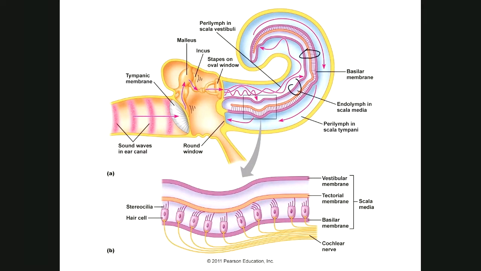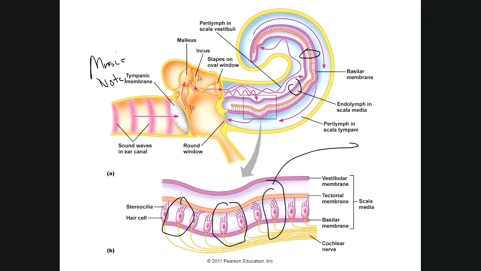So as the music plays and as the notes change, different parts of this membrane are going to move up and down, and different hair cells are going to get bent. And so your brain is going to get all of this information, and it's going to come sequentially.